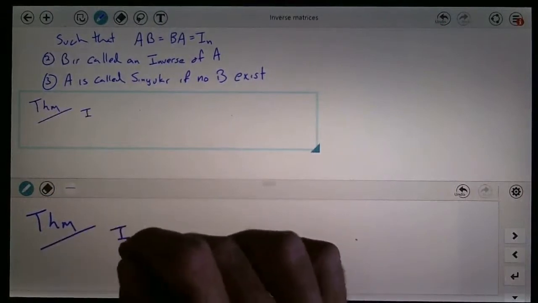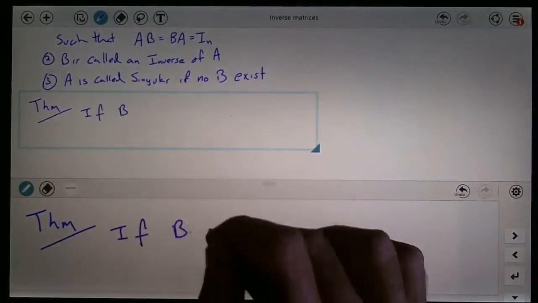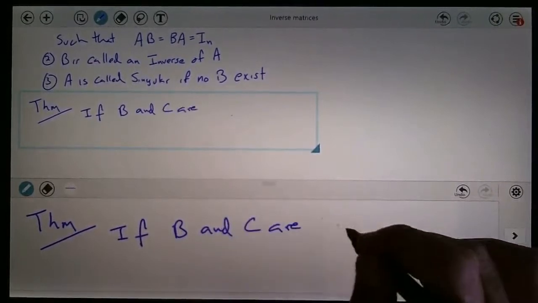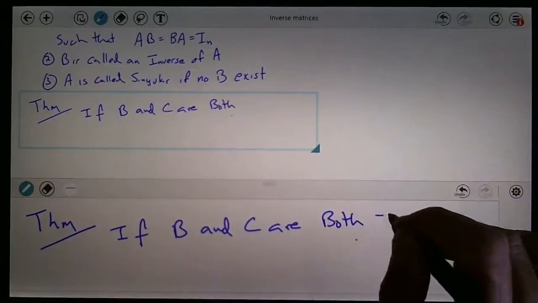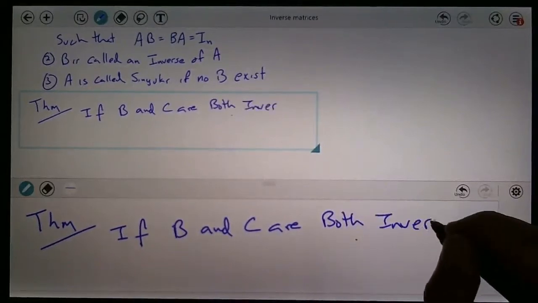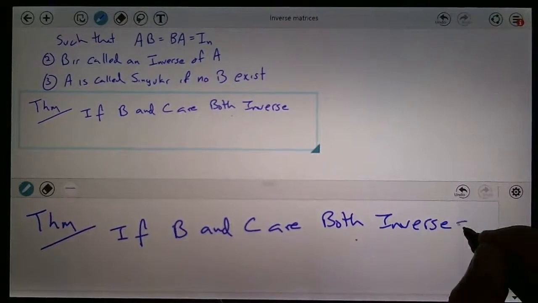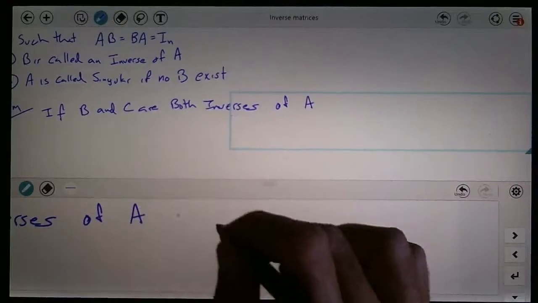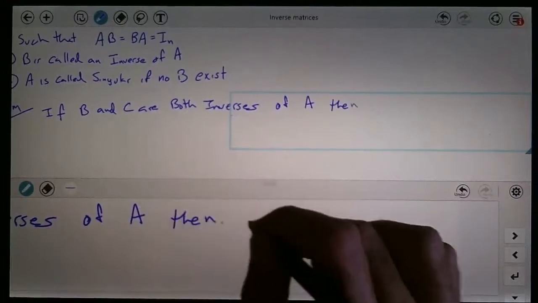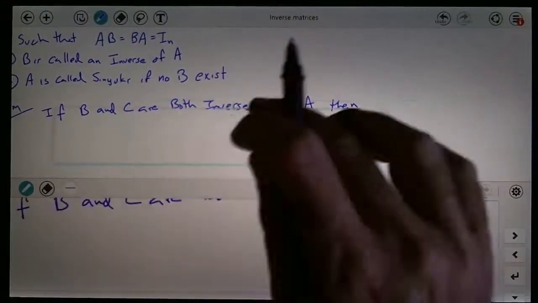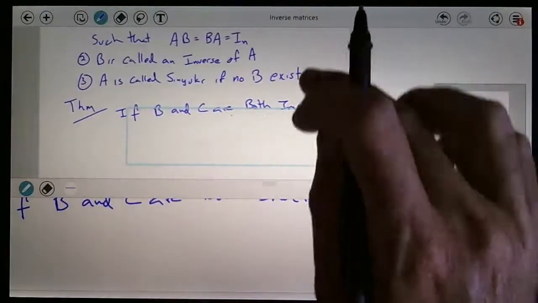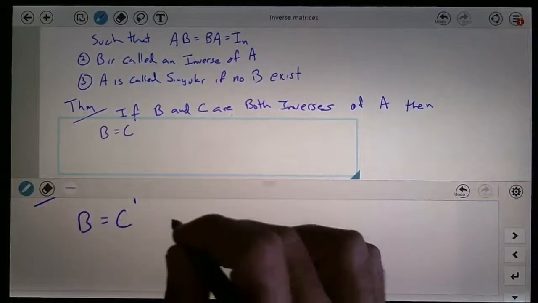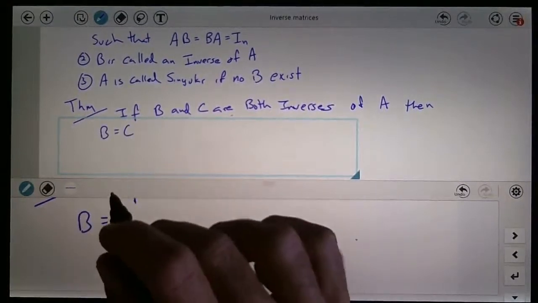It says, if B and C are both inverses of A, then they're equal to each other. Then B equals C. And the proof of this is actually pretty straightforward, pretty easy.